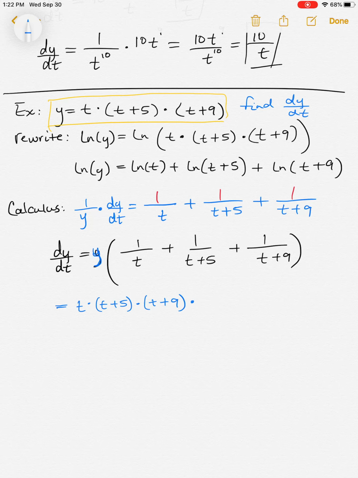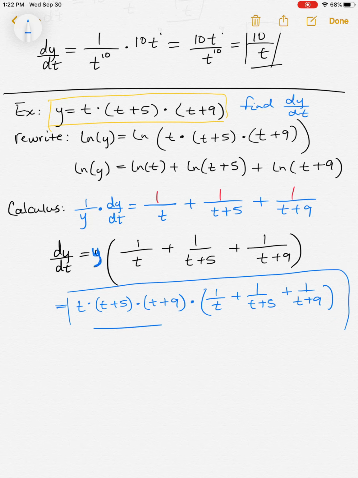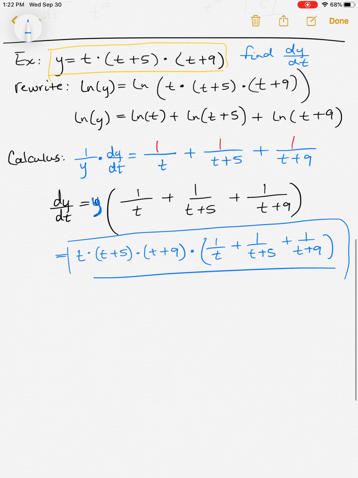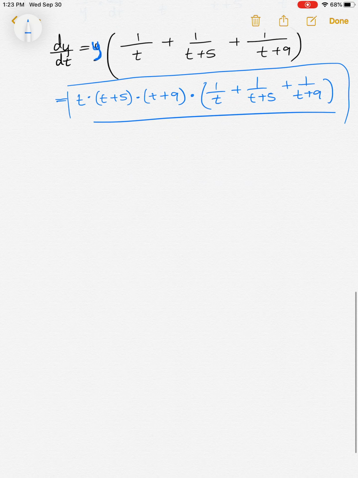We just put in y times 1 over t plus 1 over t plus 5 plus 1 over t plus 9. Boom. We just calculated dy dt without having to do all those variations of the product rule. All right, we're going to do one more example of log differentiation, and we're going to get out of your hair.